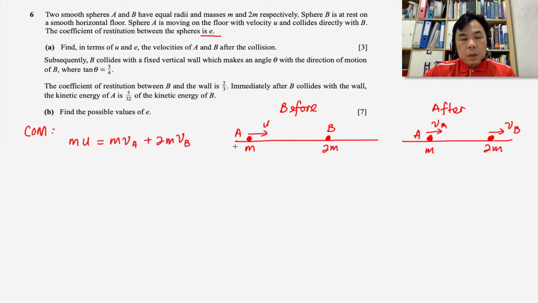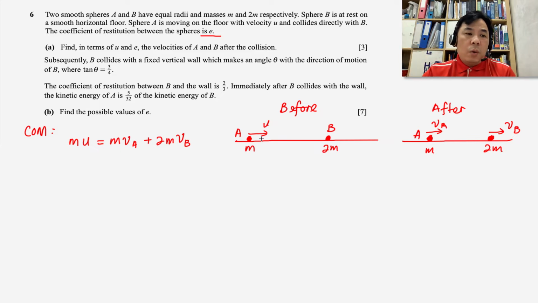The other thing that most of us would be wondering is, should we consider the directions in which they could be moving? Could A be bouncing back or not? Should I think about negative or positive signs at this point?